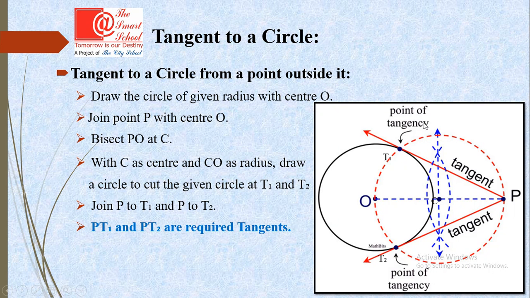So join P to T1 and P to T2, and PT1 and PT2 are the required tangents. You can see they are coming from point P and touching the circle at T2, and this line is touching the circle at T1. So these are the required tangents.